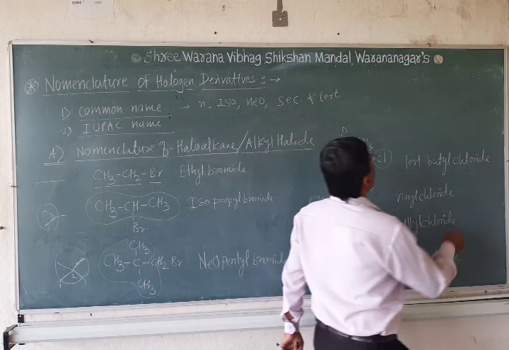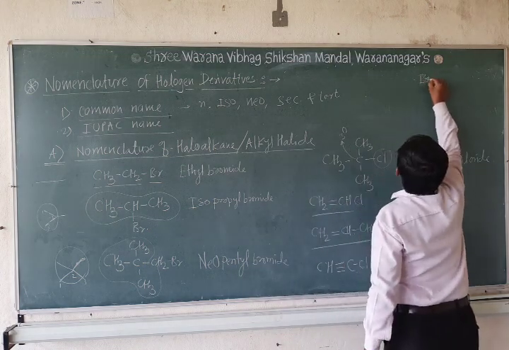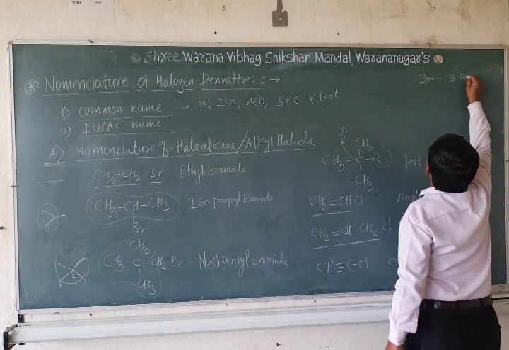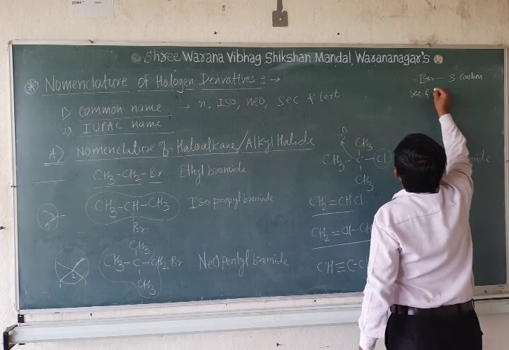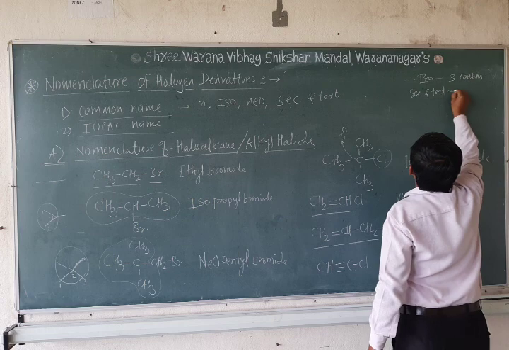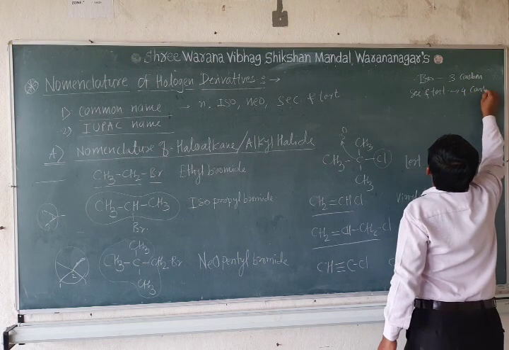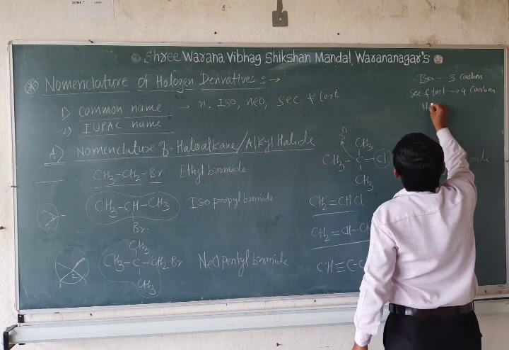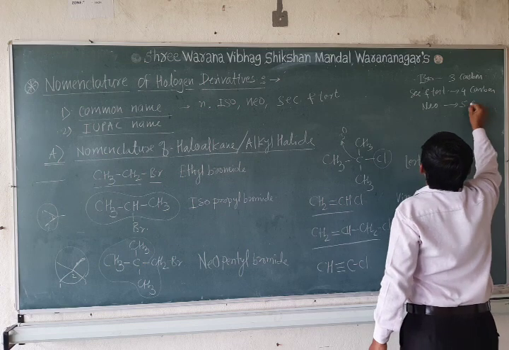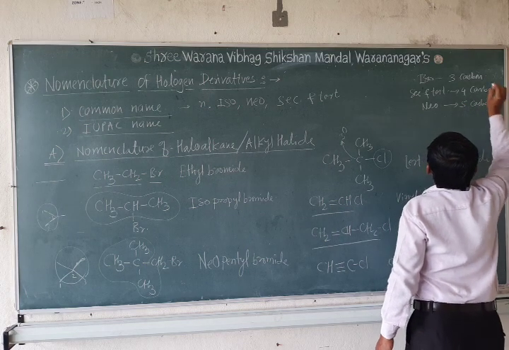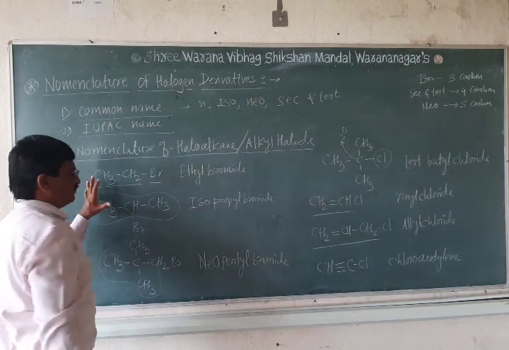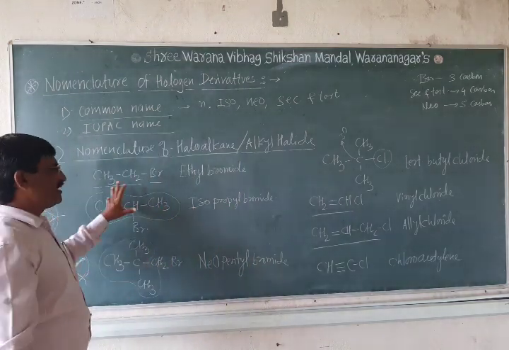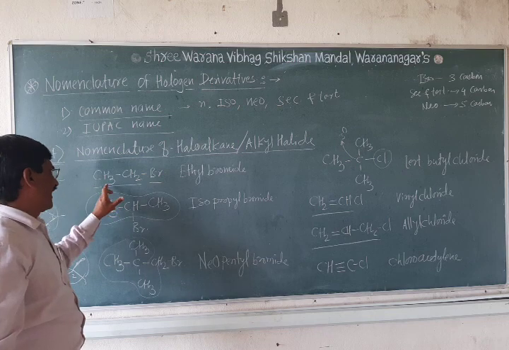That means for iso 3 carbon, secondary and tertiary 4 carbon atoms, and for neo form 5 carbon atoms.